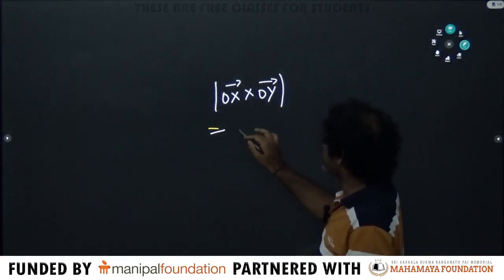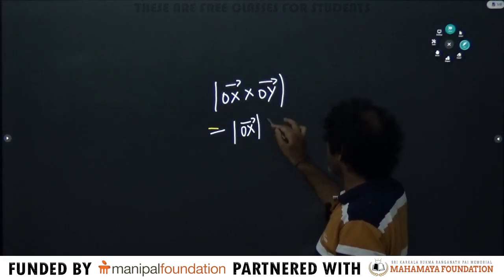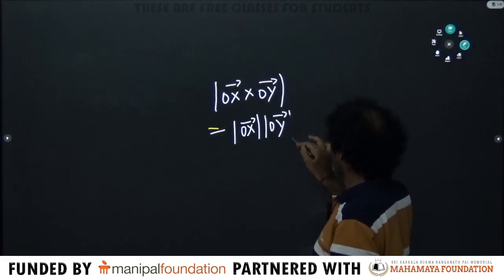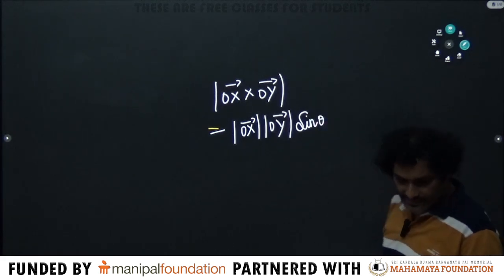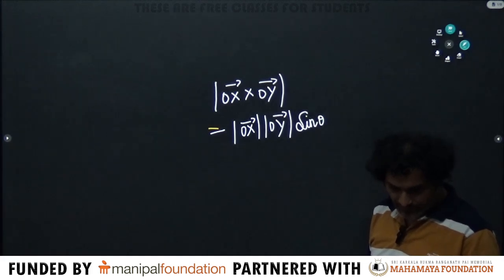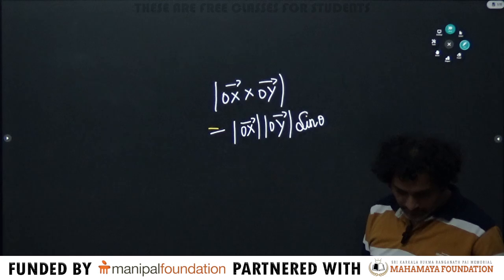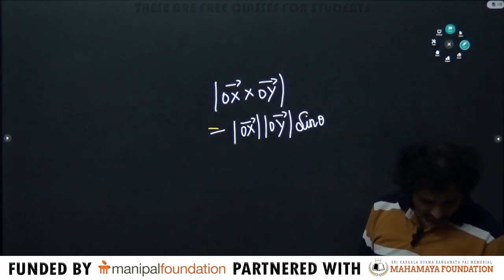Who is OX? Cross OY equals magnitude OX, magnitude OY, and sine theta. Is that right? So it should be simple, okay?